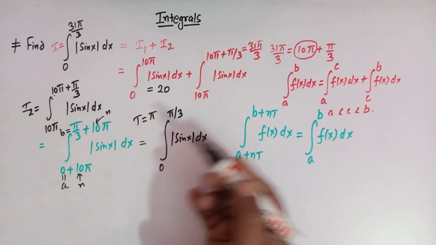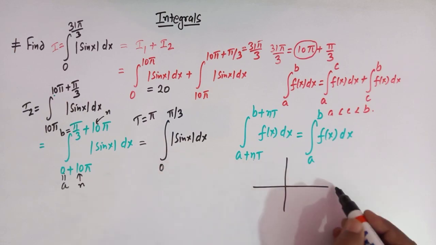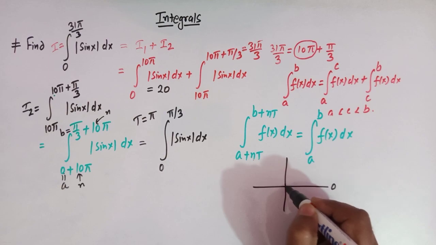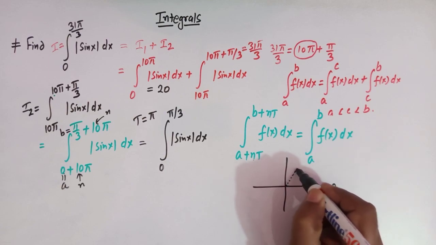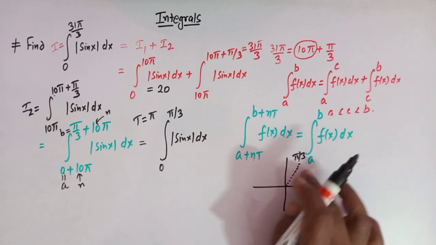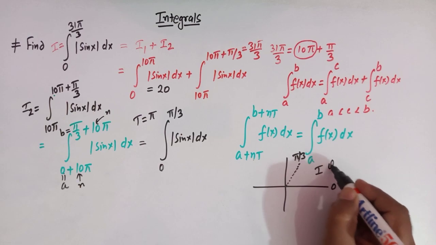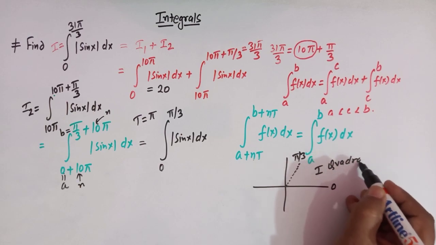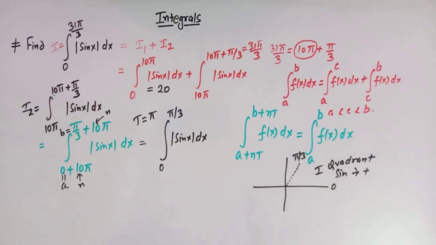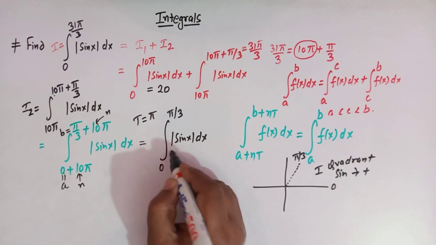Once again, we know from trigonometry that pi by 3 is 60 degrees, so it is like this. Here we have pi by 3, which implies that we are in the first quadrant, and in the first quadrant sine is positive. So now we can safely remove the mod sign.